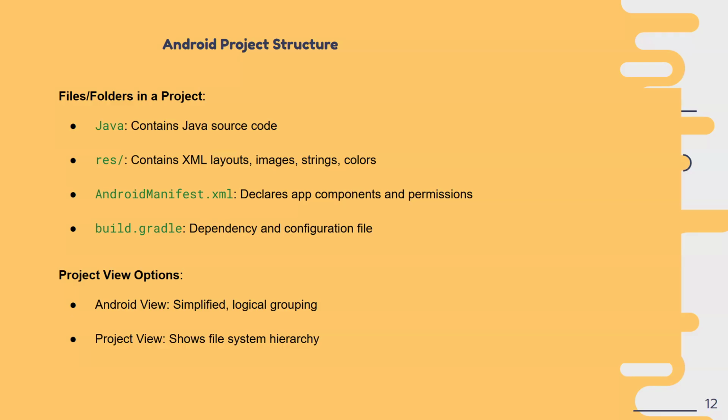One is a folder for Java, where the Java code is, which is like a package. It has created res. Res is a shortcut for resources. The res folder is where it has created some XML layout files.